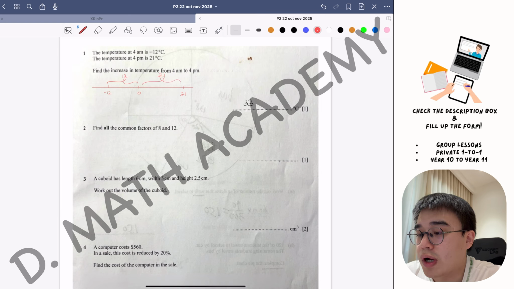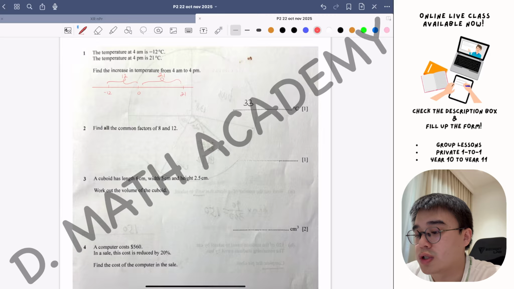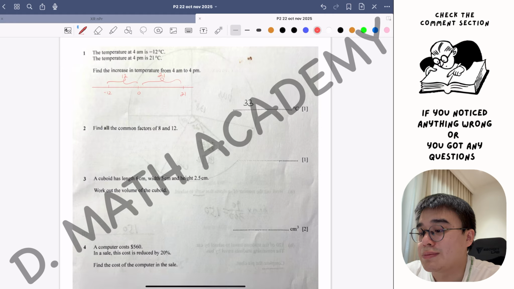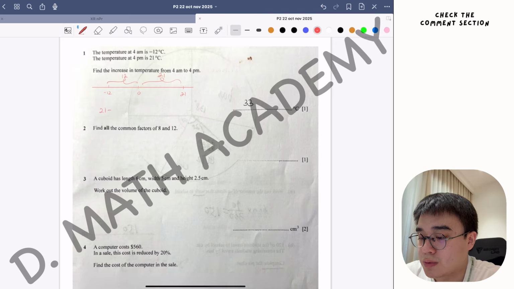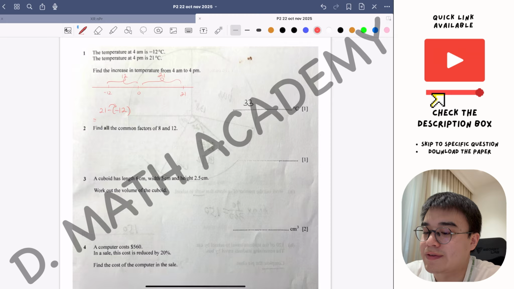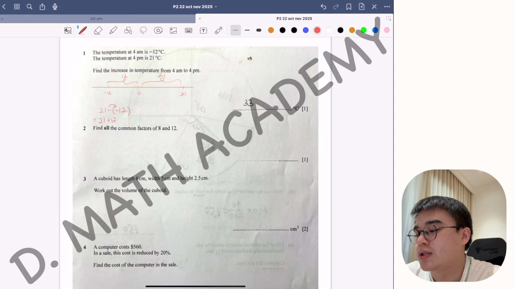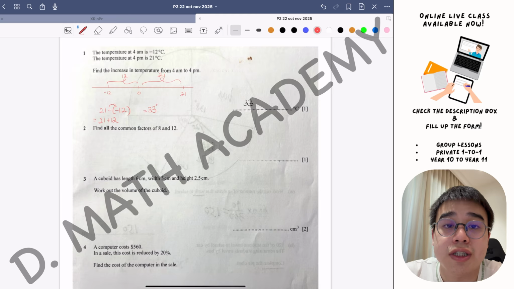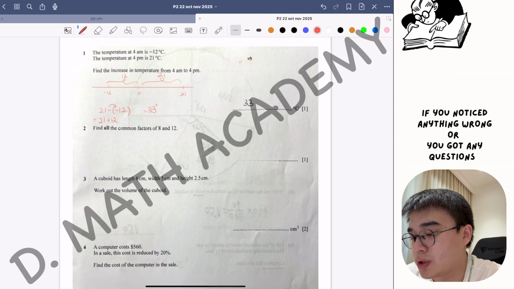So just add those two up, you will get 33, or alternatively take the bigger one minus the smaller one. So this is the textbook method where negative becomes plus. So in short, the difference in temperature is 33.